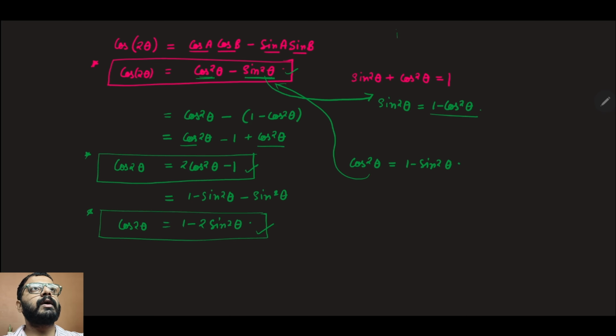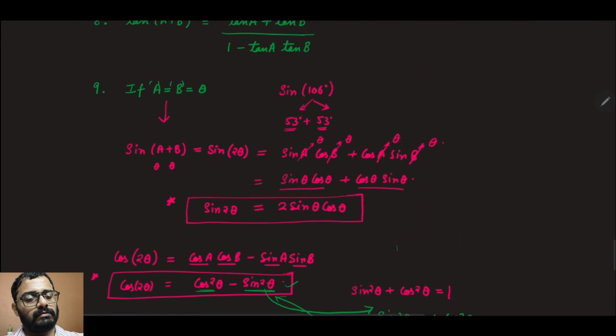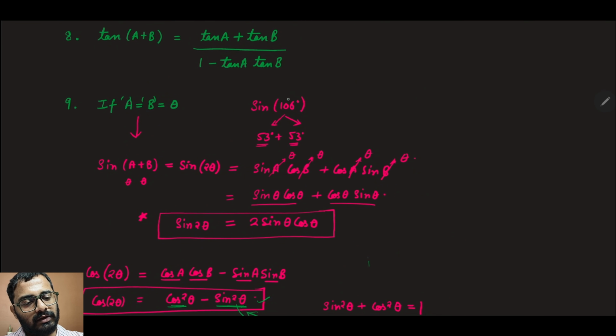Now we will go back to our example. Sine of 106 degrees is the addition of two 53 angles, so I'll write it as sine 2 into 53. Here theta is our 53. We can use the sine 2 theta identity here. Sine 2 theta is equal to 2 sine theta cos theta.